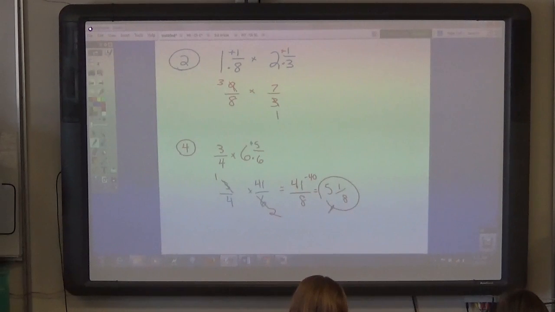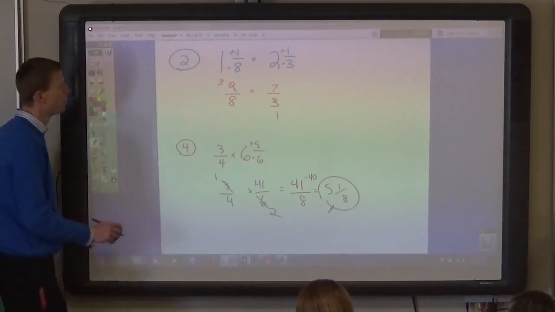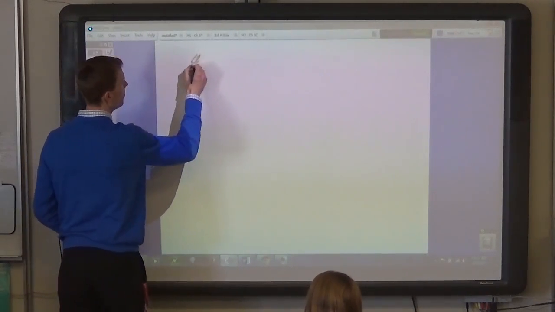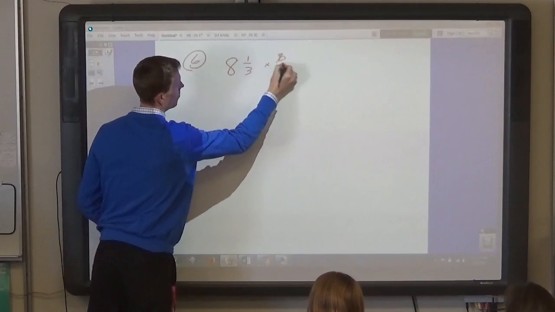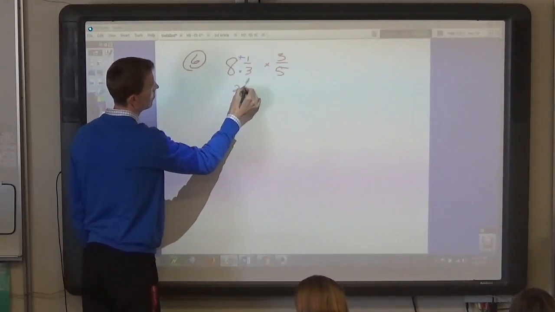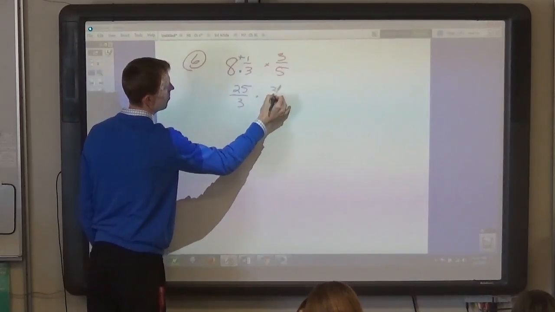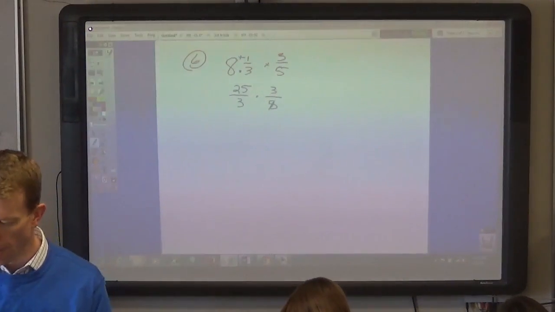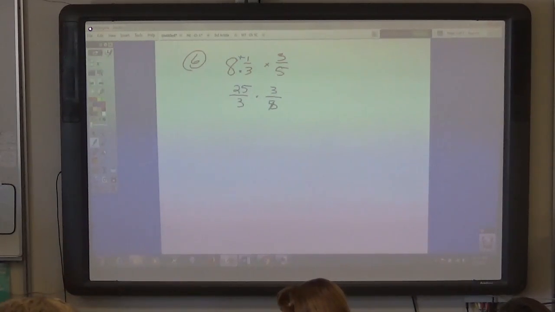Number 6. 8 1/3 times 3/5. And write the new problem underneath. And factor it.